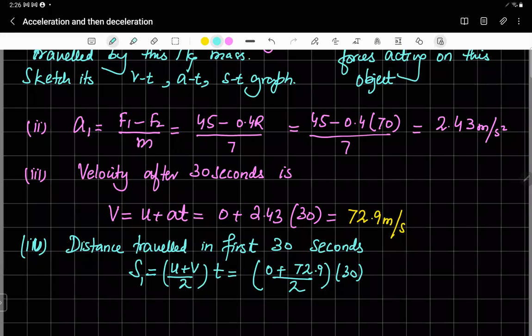I am coming in 10 seconds. Okay. What is the answer of this calculation? 1093.5 meters. Okay.